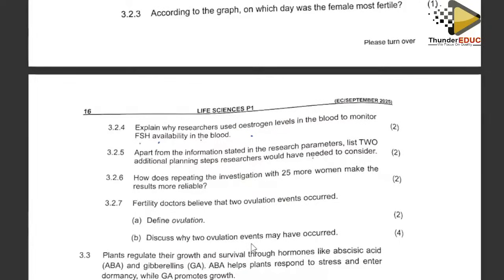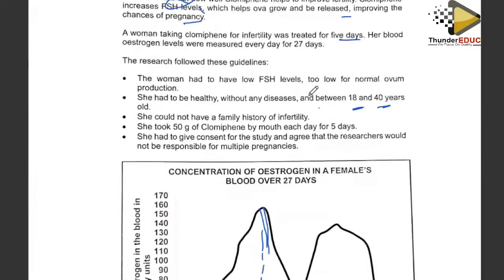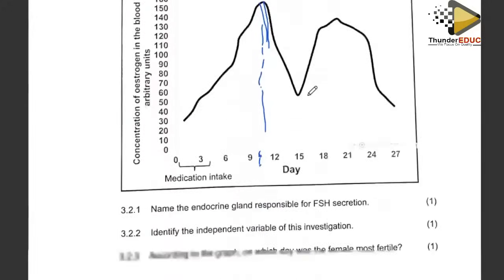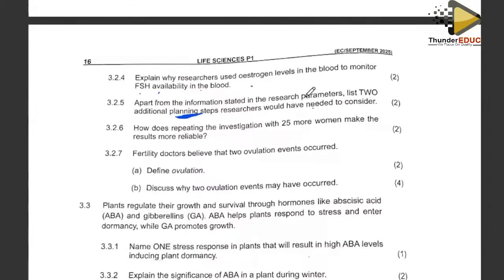So whenever you say planning, you have to use the word decide. The researcher was supposed to decide how the data is going to be recorded, because here we don't know how they recorded the data. It was not indicated. So the researcher should have decided on how data should be recorded.